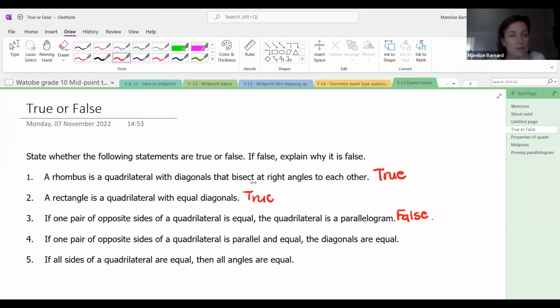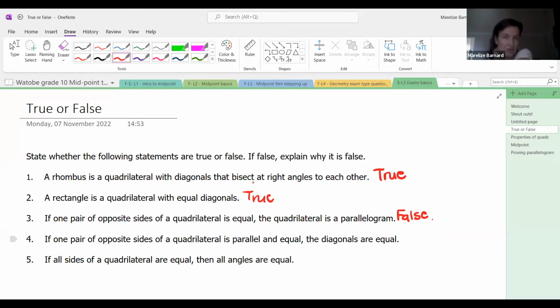It's false because we need one pair of opposite sides parallel and equal to make a quadrilateral a parallelogram. One pair of opposite sides being equal is not enough. Okay, so if one pair of opposite sides of a quadrilateral is parallel and equal, then the diagonals are equal.